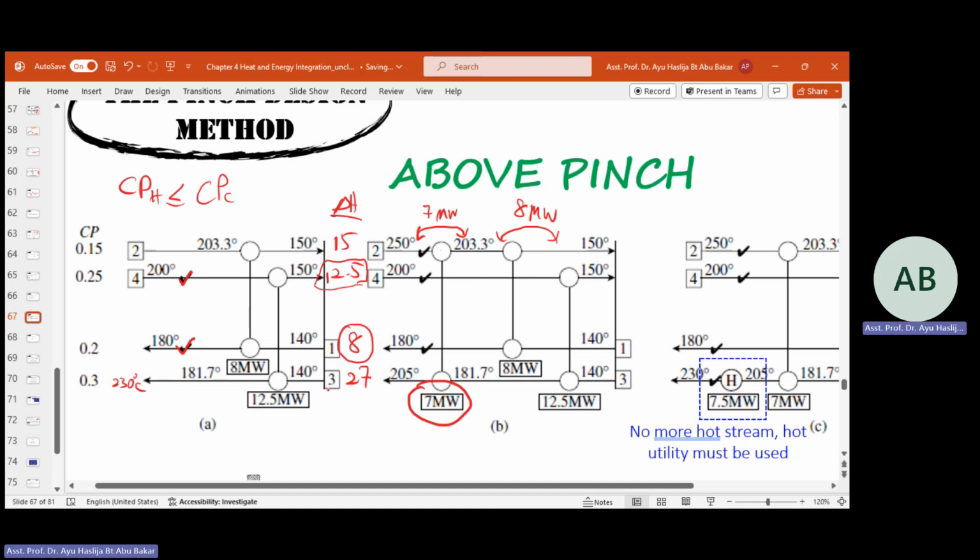Stream 3 is still not sufficient in delta H, so it gets the delta H from stream 2. Stream 2 passes the remaining delta H, 7 megawatt, to stream 3. The temperature in stream 3 changes from 181 to 205 only, still not meeting the T target because it requires 27 megawatt. Now you have only 19.5.